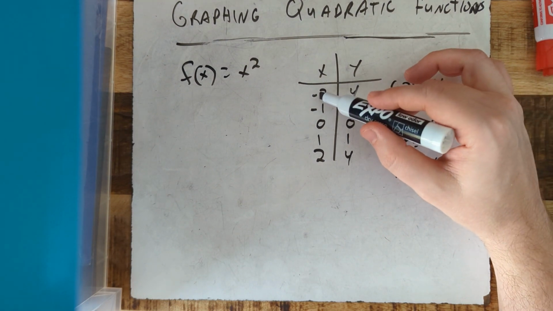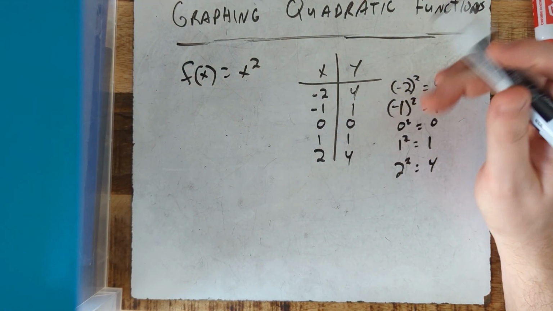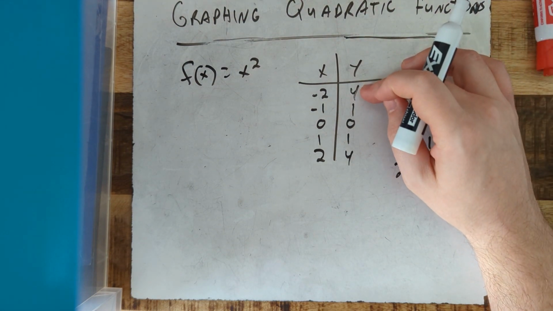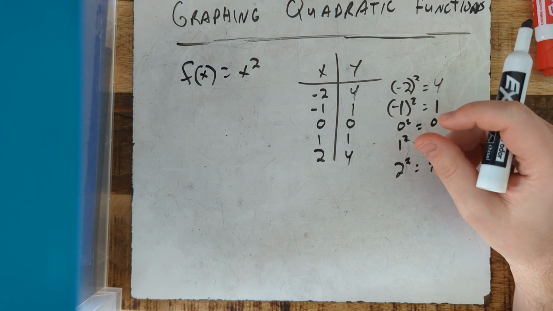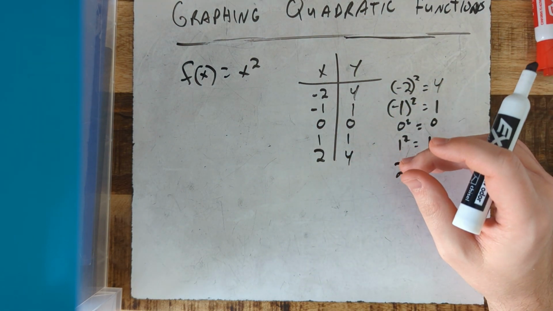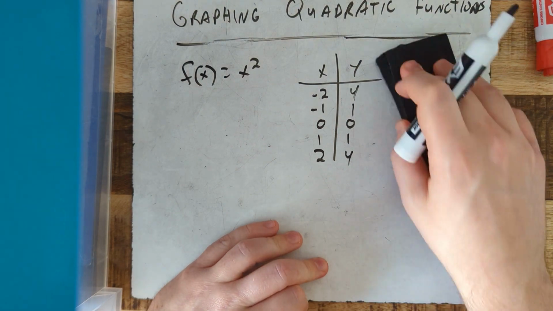Even though our x's are changing, starting low and going higher, our y's are going to go down and back up again. Okay, that's what we want, because this is going to be a parabola, and it's going to curve. So let's go ahead and graph this.